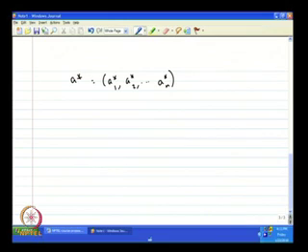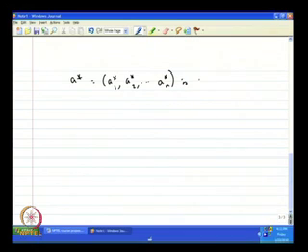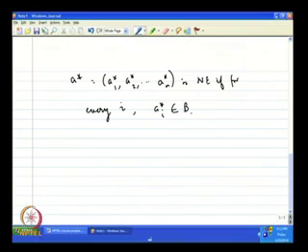This action profile a star will be a Nash equilibrium if, for every player i, a_i star belongs to B_i(a_-i star).